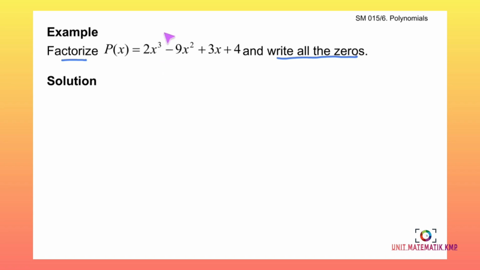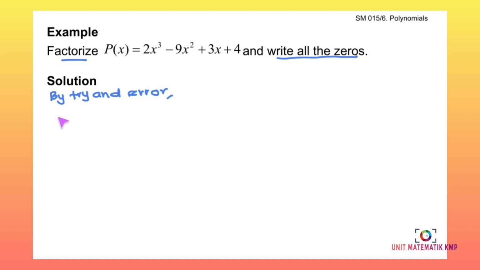Remember, the highest degree of this polynomial is 3, so we should have 3 factors. So let's try, by trial and error, substituting a number into the given polynomial that gives the answer 0.